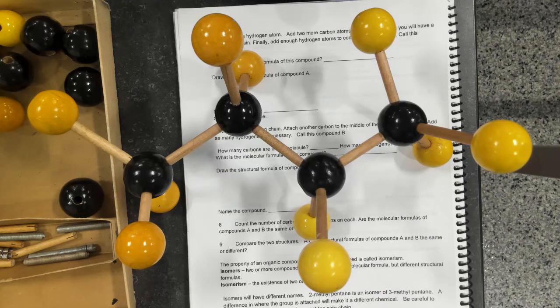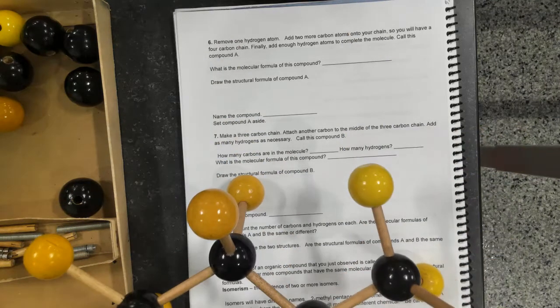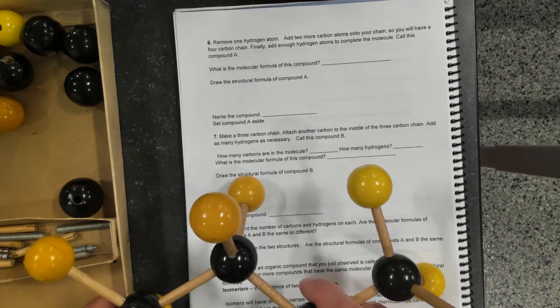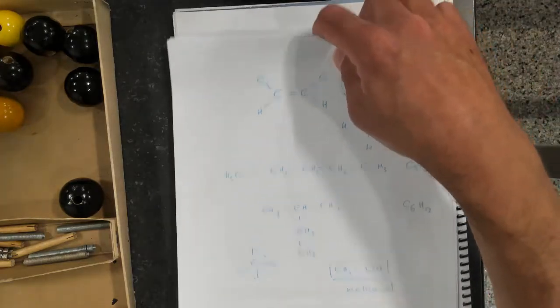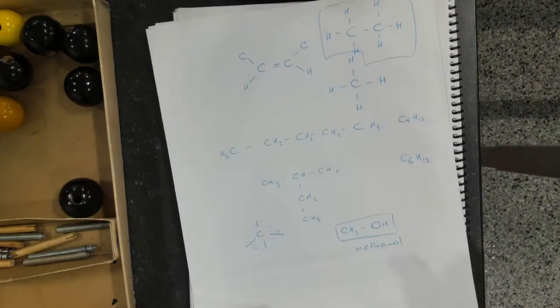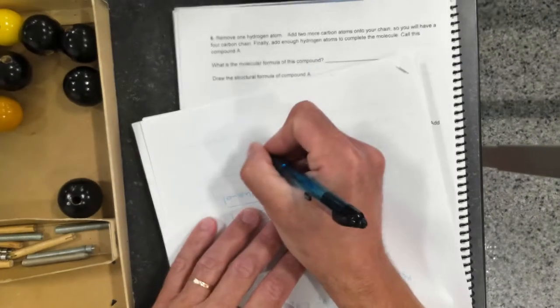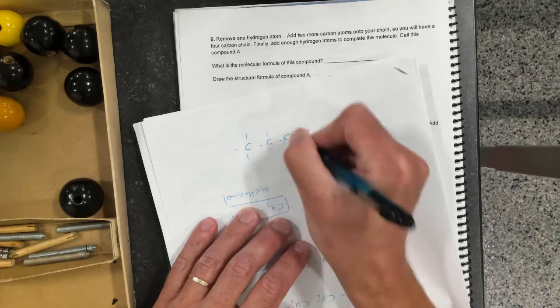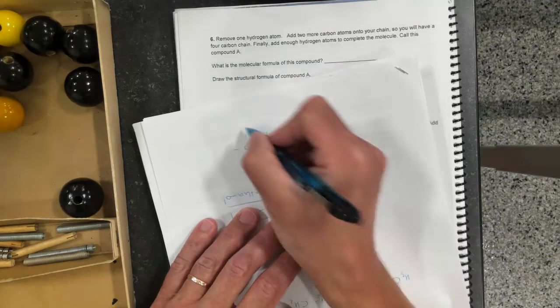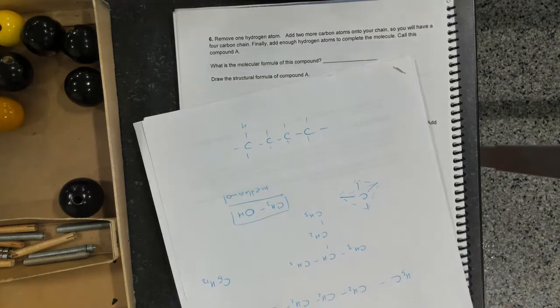So you can count it yourself. This is going to be C4H10, the molecular formula. And the structural formula, I leave it largely to you. What you need to do is draw 4 carbons and then connect each carbon with hydrogen and so on and so forth.